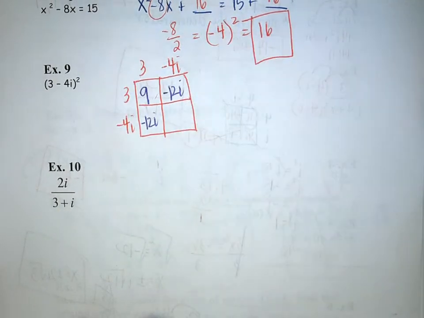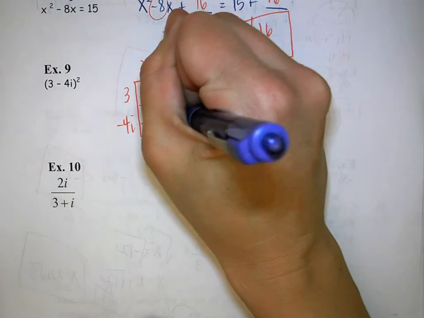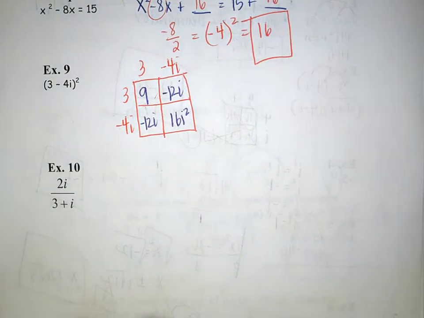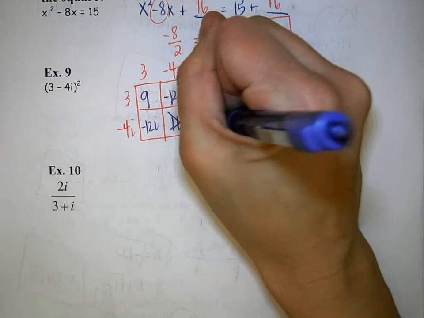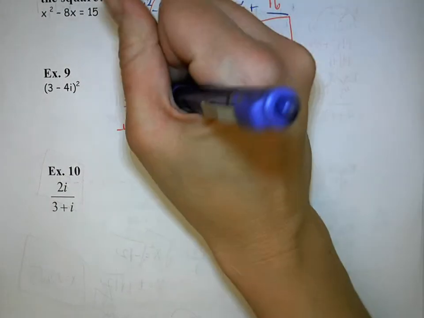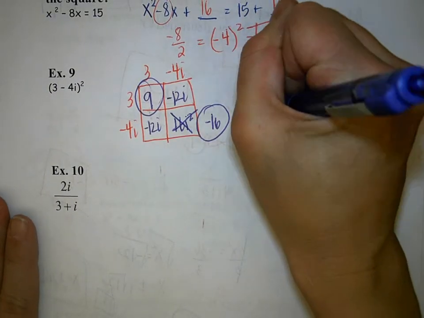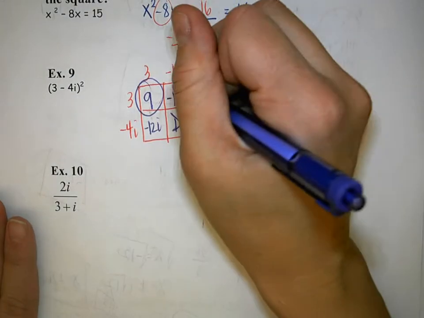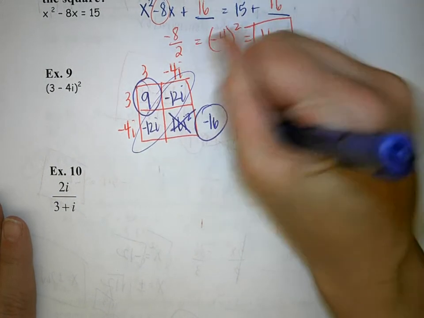And negative 4i times negative 4i makes 16i squared, but we know i squared is actually negative 1, so we end up with a negative 16. So I have negative 16 and 9, which makes negative 7. And negative 12i and negative 12i makes negative 24i. And that is your answer.